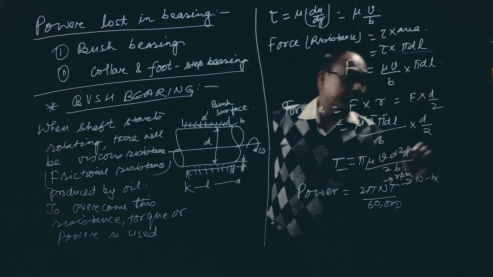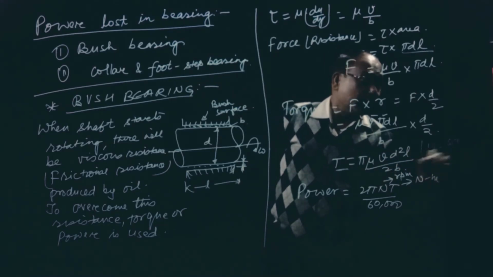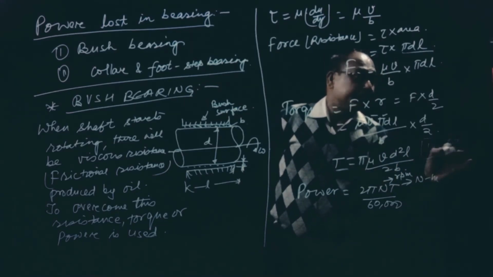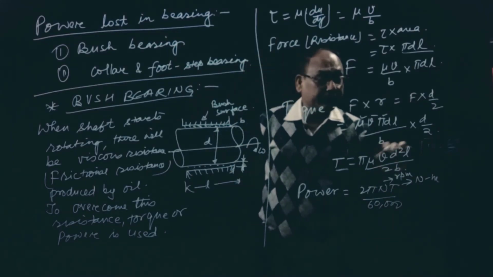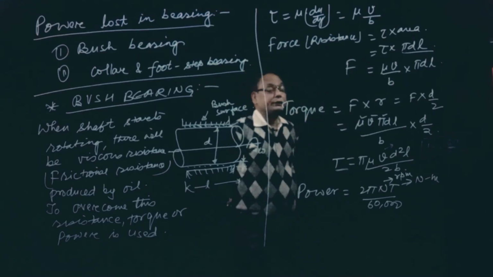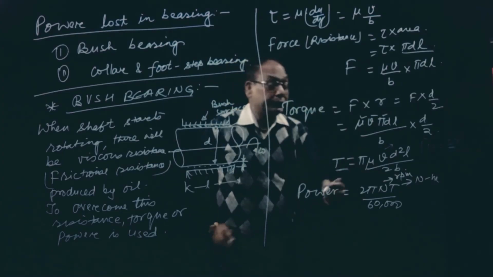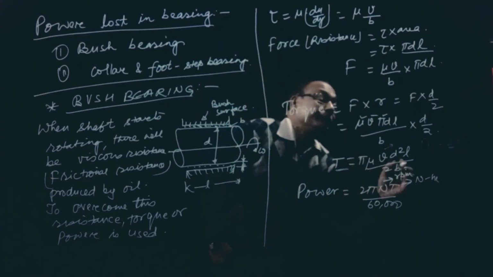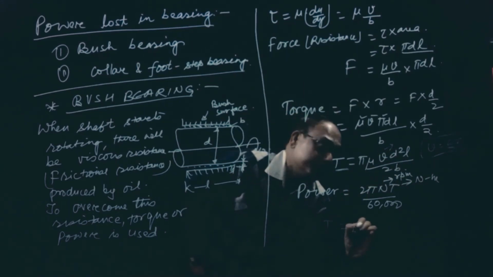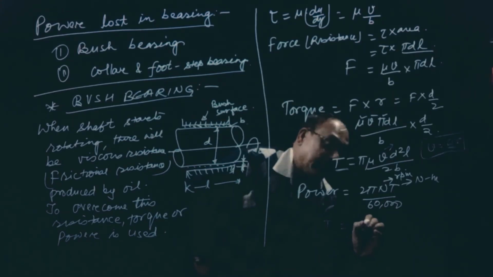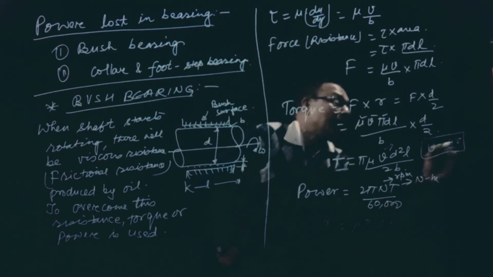Here also we can put V is equal to omega into R, where omega is the angular velocity. So the linear velocity will be angular velocity into radius. If we put that value, the equation will be different, but that is not a very difficult job. The torque will be equal to mu pi, with V is equal to omega into R, where R is equal to d by 2.